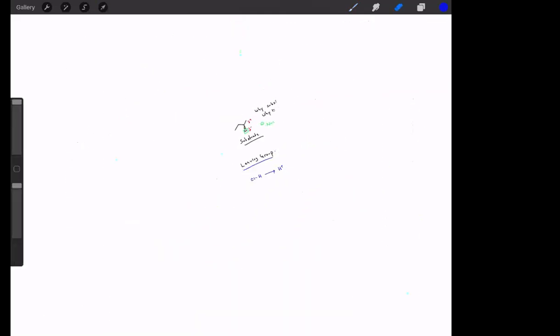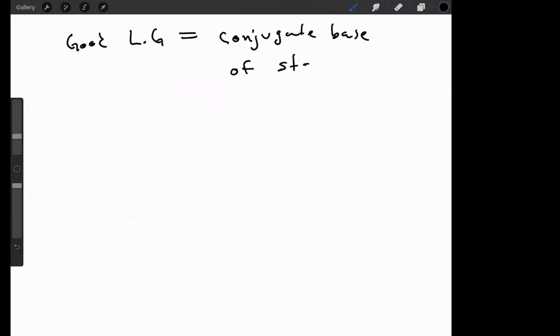So at the end of the day, based on that analysis, we say that good leaving groups are conjugate bases of strong acids. Hopefully that makes some sense, because if it's a strong acid, that means that the conjugate base is stable.